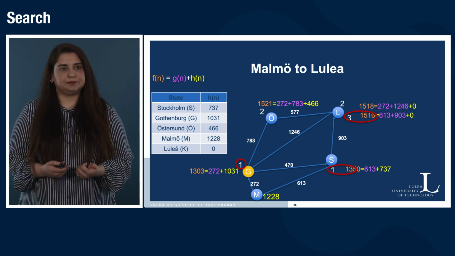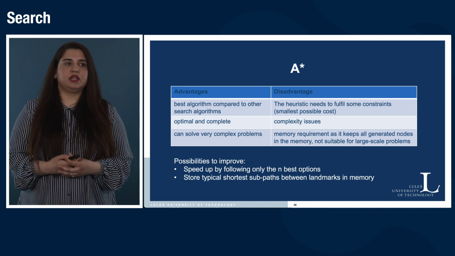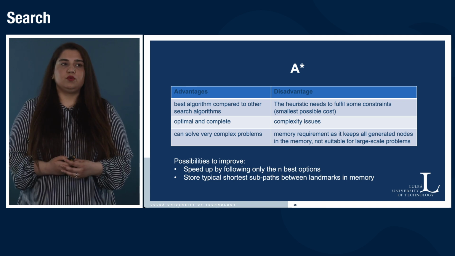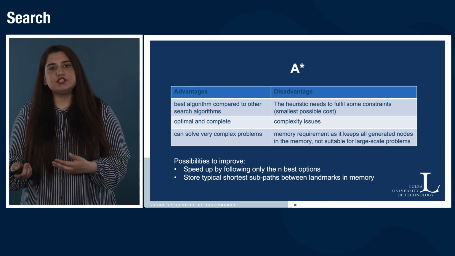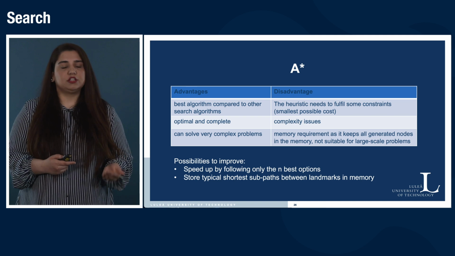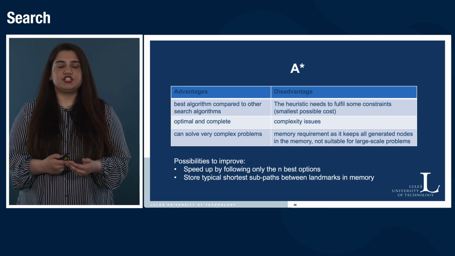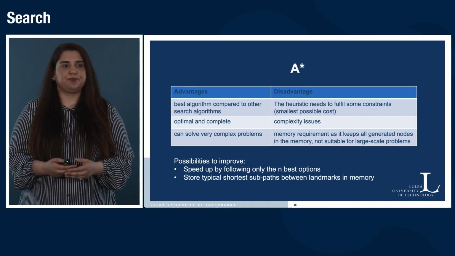So, if we see the advantages of the A-star algorithm, it is the best algorithm compared to other search algorithms. You saw in front of you, we were not just discovering nodes, we were intelligently deciding which node should be taken, which path should be taken, and how we can reach our goal node in optimal time and the best solution.